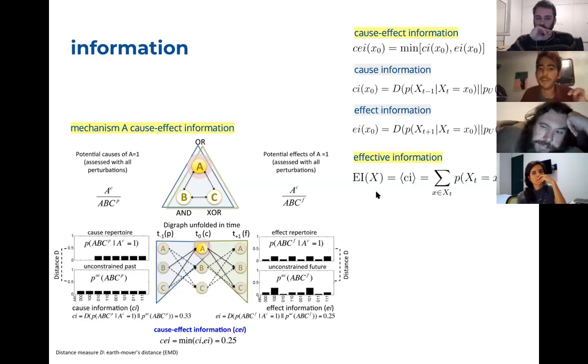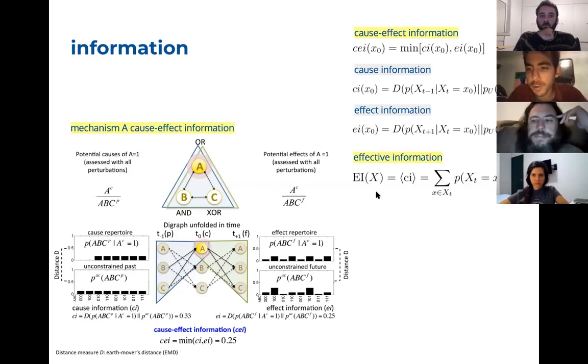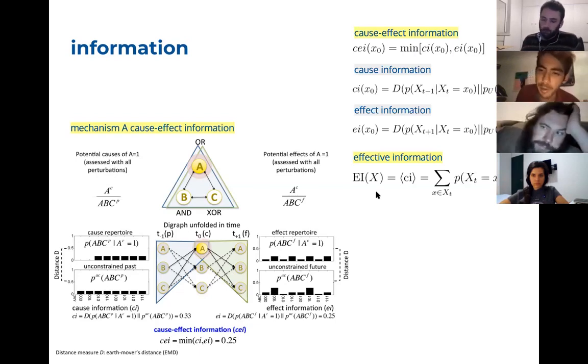The unconstrained effect distribution is where you enforce a maximum entropy, a 1 over m distribution, and observe where the system goes. That's your unconstrained effect distribution, right? So if a system randomly converges to one state, then that's the unconstrained effect distribution, because that's where the system randomly goes. So the effect distribution is a little bit different from the cause. But in general, unconstrained distributions are maximal entropy distributions.